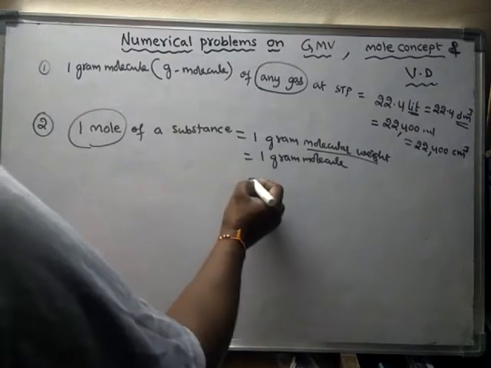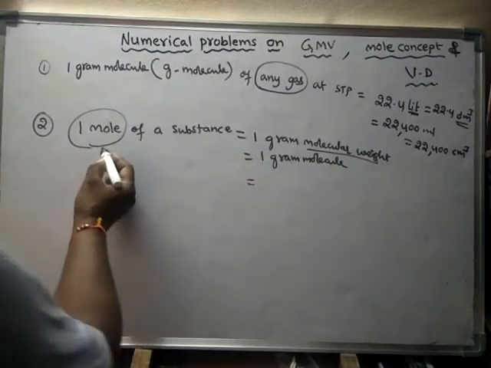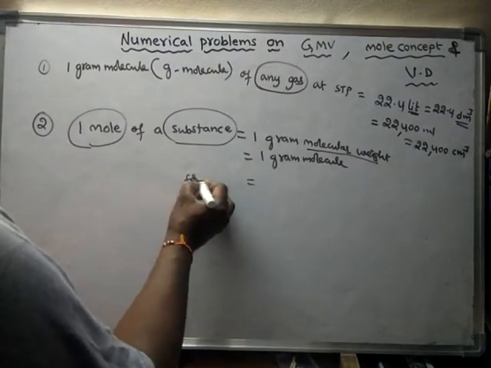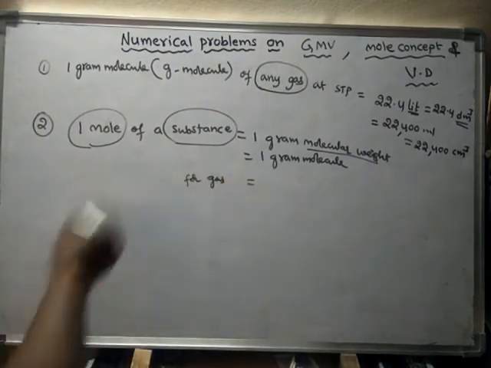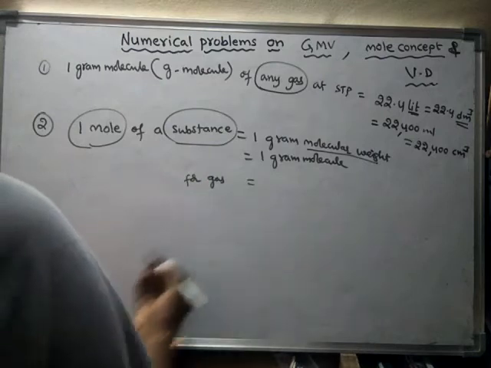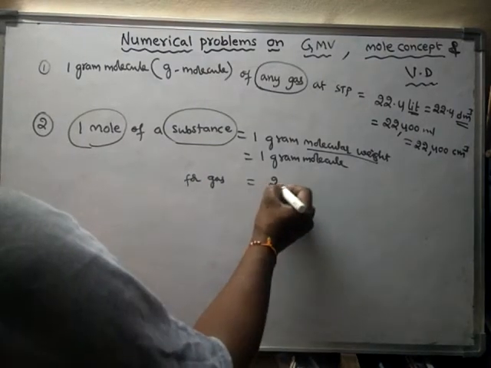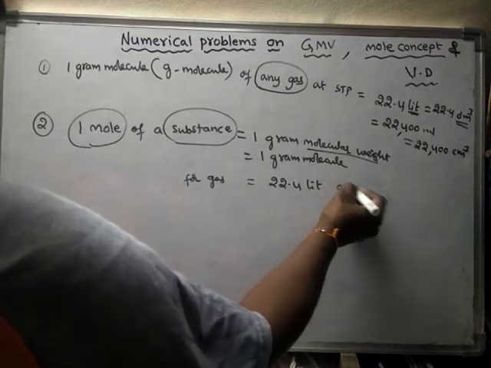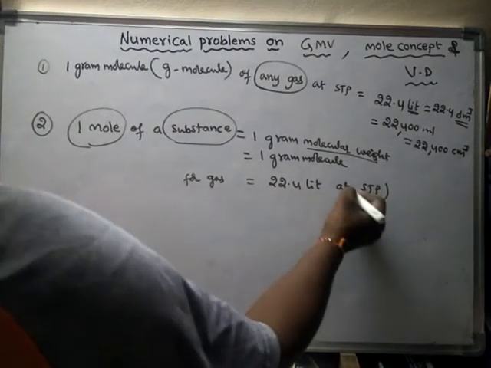And if the substance is in gaseous form, for gases, 1 mole of a substance will occupy 22.4 liters at STP. This is important, at STP.